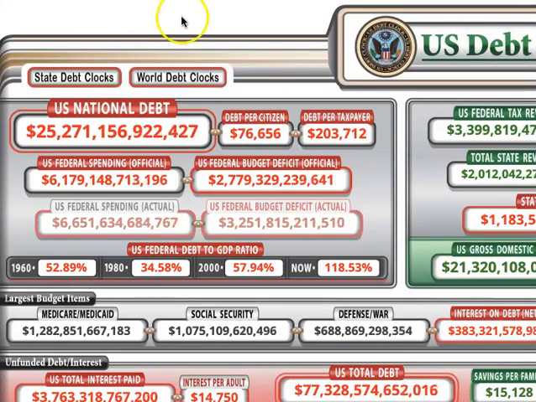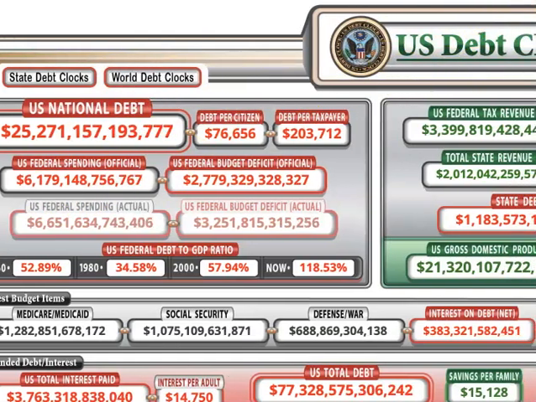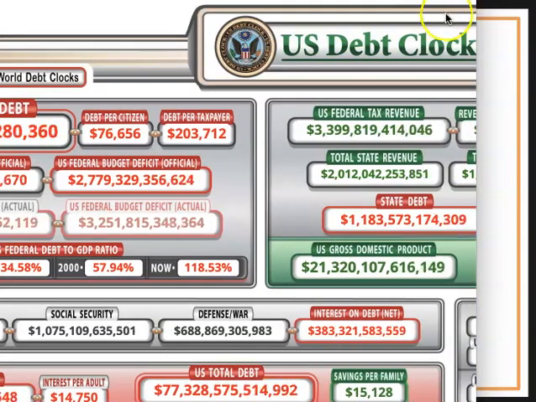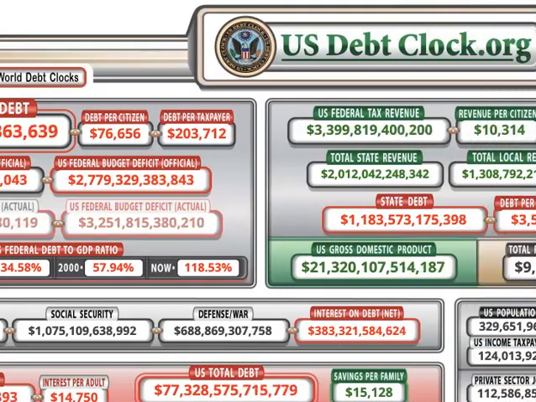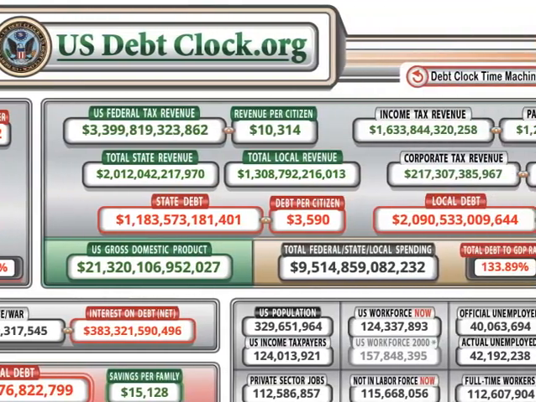While the U.S. federal spending is $6 trillion, and the debt is accumulated, right? And one more thing, here we go. The U.S. federal tax revenues only, how much? $3 trillion, right? And I'm going to show a little more about this one.